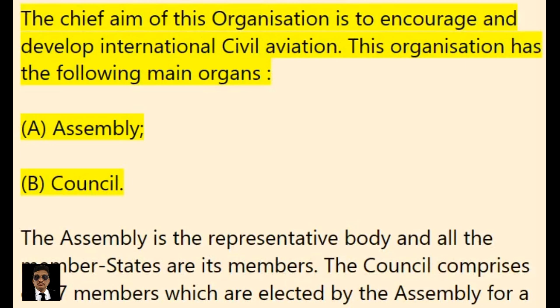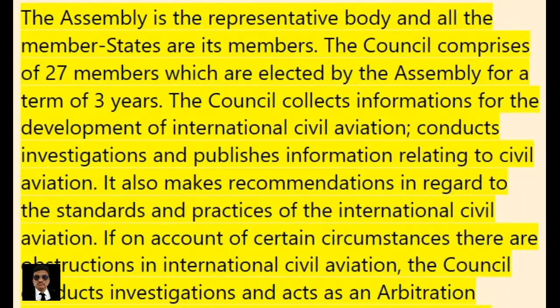This organization has the following main organs: A. Assembly, B. Council. The Assembly is the representative body and all the member states are its members. The Council comprises 27 members which are elected by the Assembly for a term of 3 years.